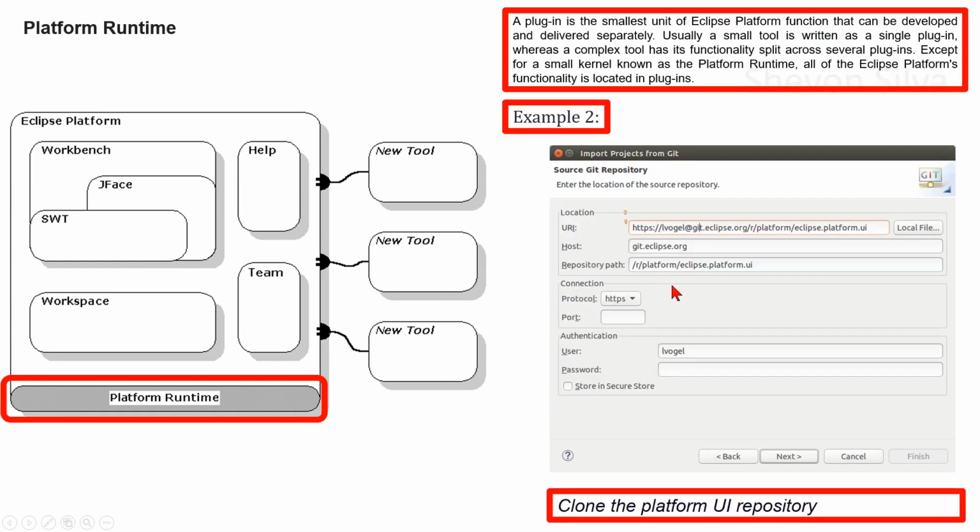Here you can see how to clone the platform UI repository. To clone, select File, then Import, then Git, then Projects from Git, then Clone URI. Enter the URI from the Gerrit web page.